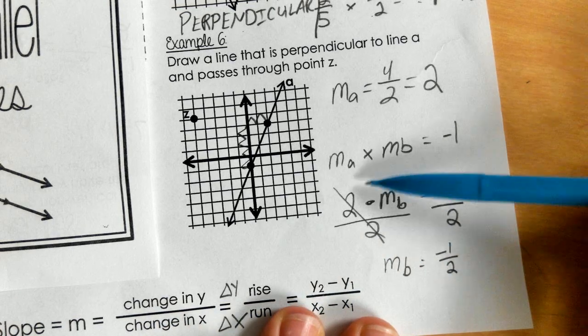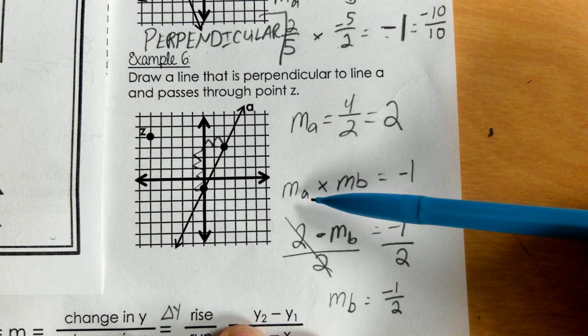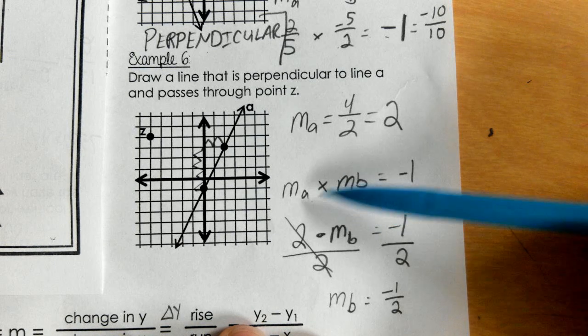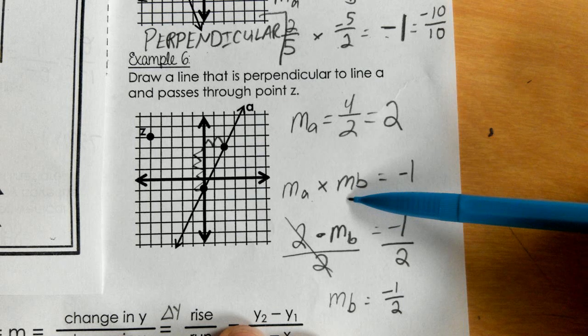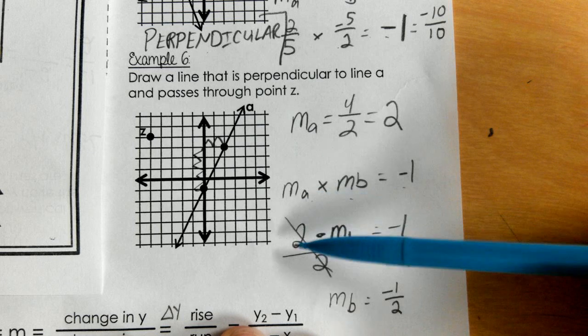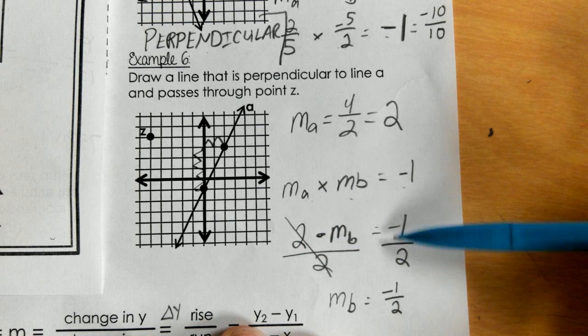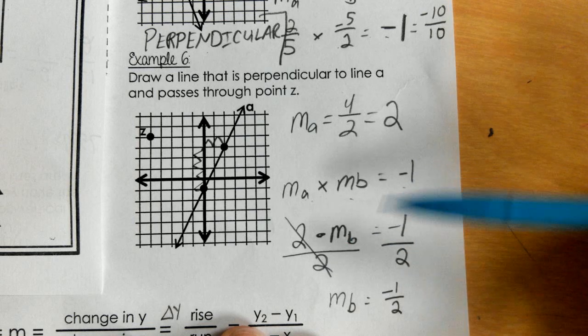It's a one-step equation. I know in order to make these perpendicular, the slope of one line and the slope of the other, when they multiply, have to equal negative 1. I know the slope of A is 2. Slope of B is unknown. Negative 1 is already there.